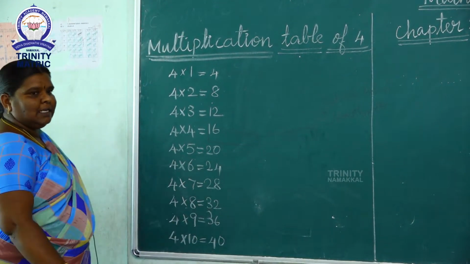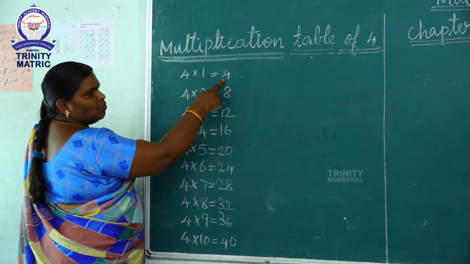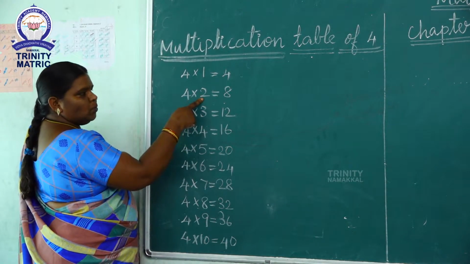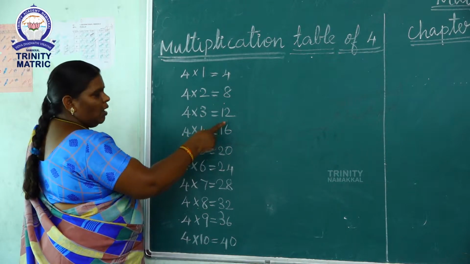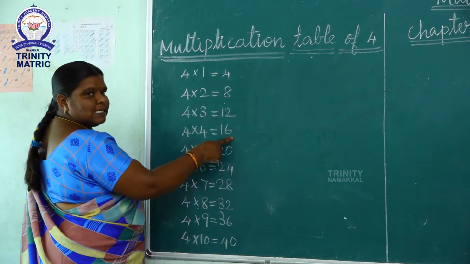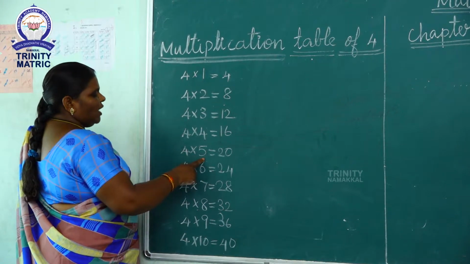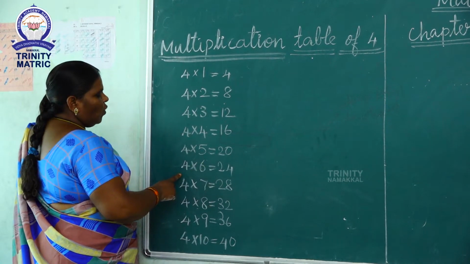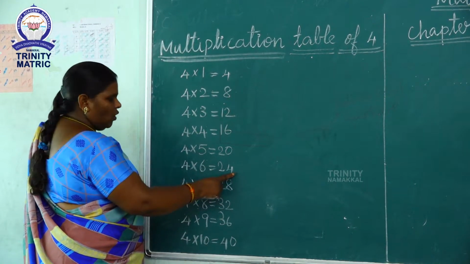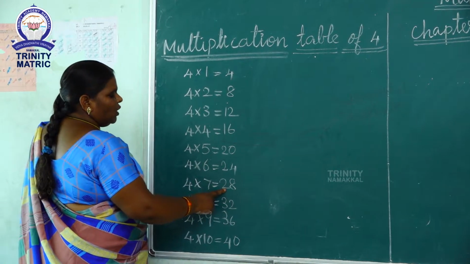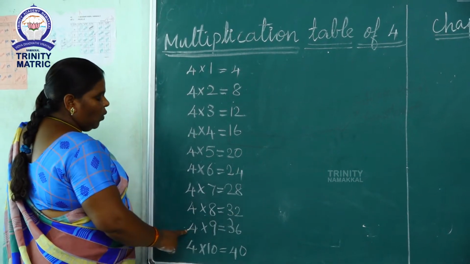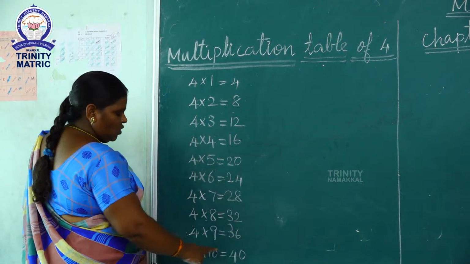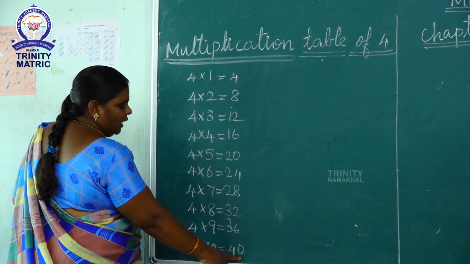I say again: 4 1s are 4, 4 2s are 8, 4 3s are 12, 4 4s are 16, 4 5s are 20, 4 6s are 24, 4 7s are 28, 4 8s are 32, 4 9s are 36, 4 10s are 40.